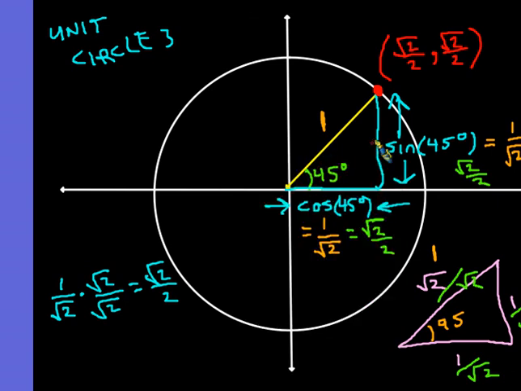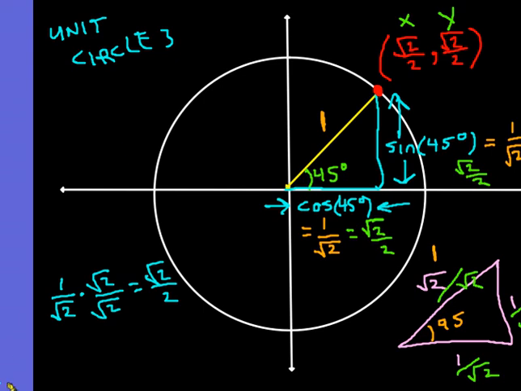Again, it's worthwhile for you to try this on your own calculator, but the main point that I'm trying to make here is that when we're on the unit circle, the x coordinate on the unit circle is the cosine of this angle, and the y coordinate of this point is the sine. This is the sine of this angle. So again, let's write it out so we can be very explicit about this.